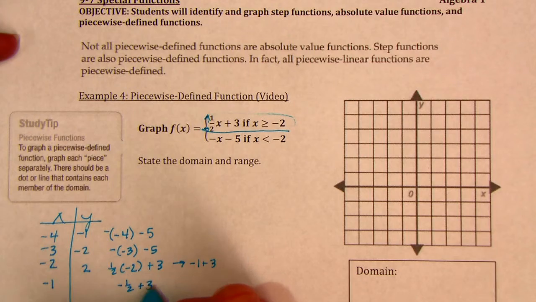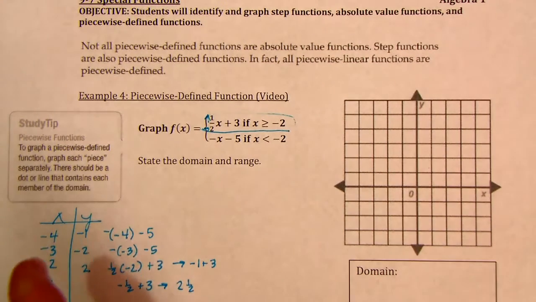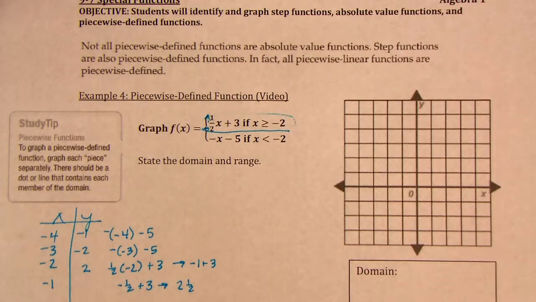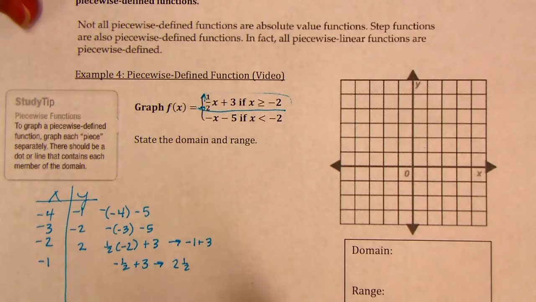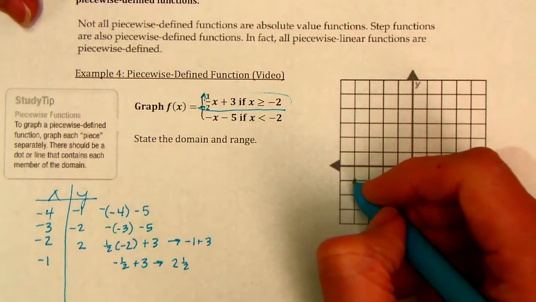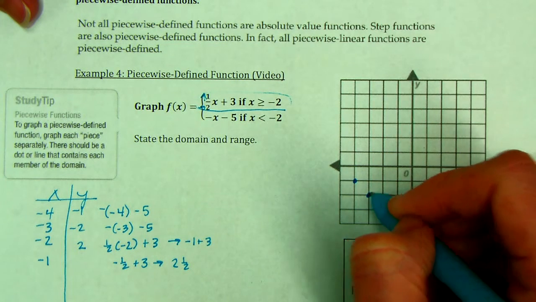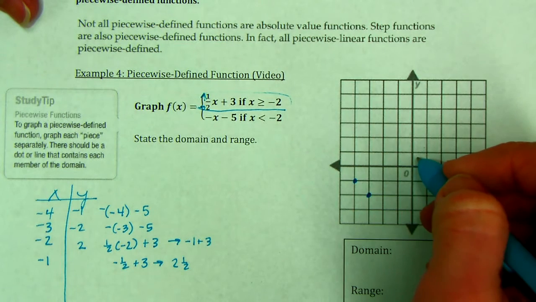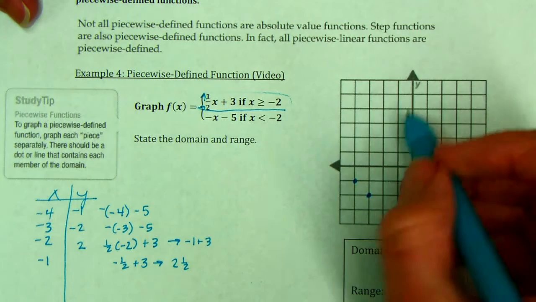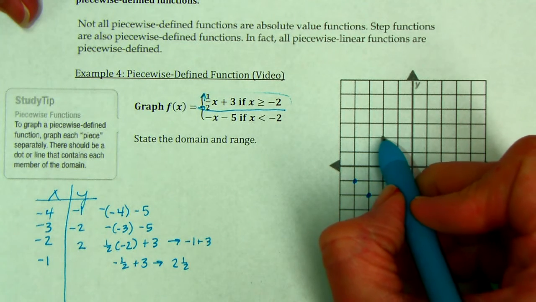All right, so let's just plot these. Negative 4, negative 1. Negative 3, negative 2. But negative 2 goes up to 2, and that's equal. Negative 1 goes up to 2 1/2.